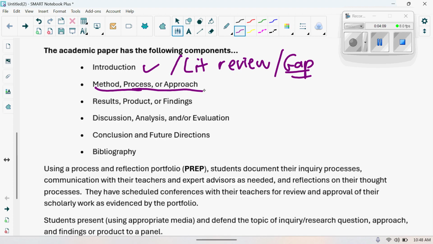Because in this summer assignment we're going to go over a few different types of methods. There's going to be a content analysis, an experiment, and a mixed method approach. You're going to see a little of everything, and we want you to pick something that works for you.